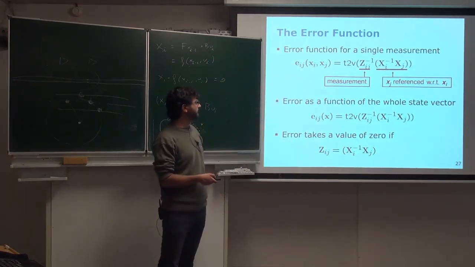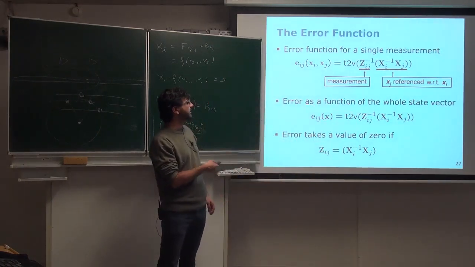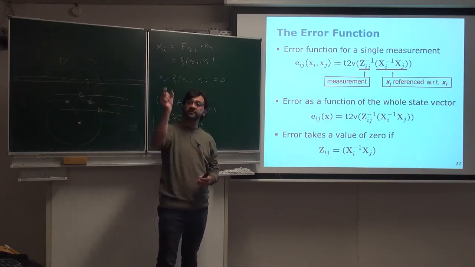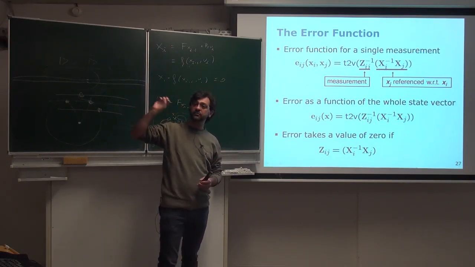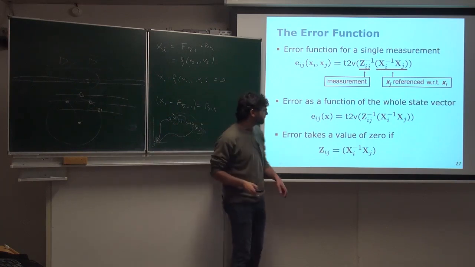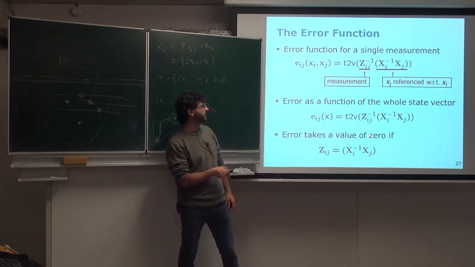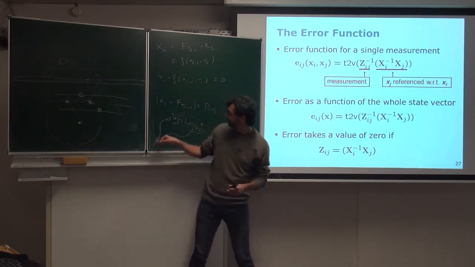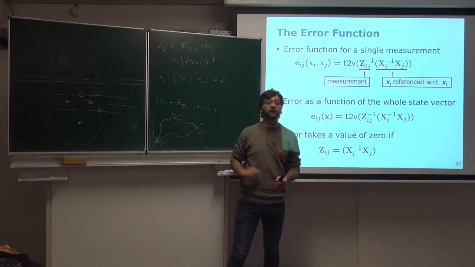Okay? So whenever we have the error as a function of the whole state vector, since we know that x is stacked, this xi and xj are just a subblock of the state vector that corresponds to each individual pose. And the error is 0 whenever the measurement from the sensor is exactly equal to the path from this pose to the next one.